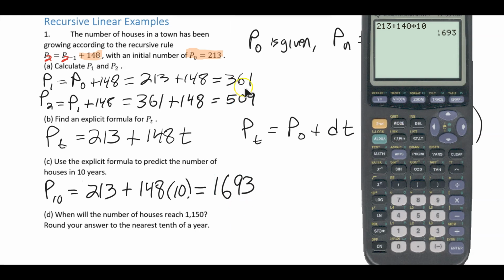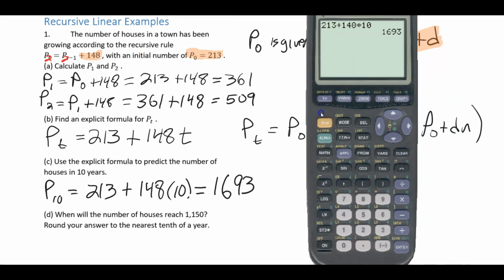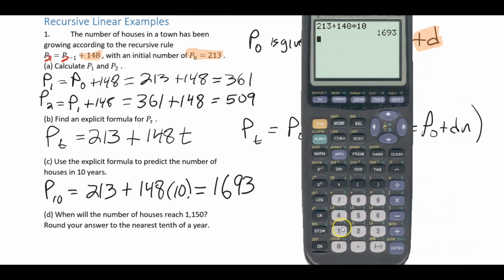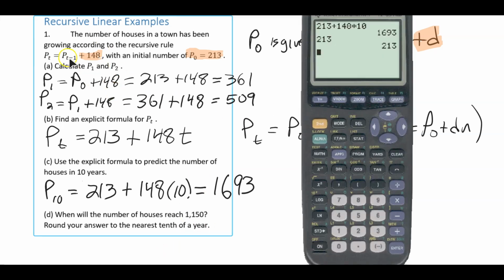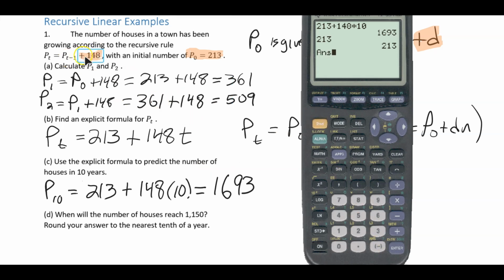Now, one other thing about the recursive definition, you can look at previous videos to see this. If I start with my initial value, 213, enter, and in the recursive definition, wherever you see P sub t minus 1, you use the answer button, and then plus 148.